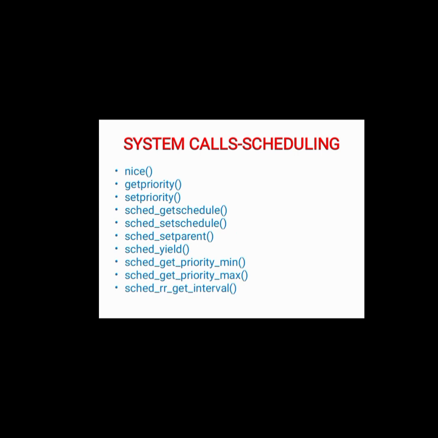It is used to get the minimum priority value for a policy. Next one, sched_get_priority_max. It is used to get the maximum priority value for a policy. The last one, sched_rr_get_interval. It is used to get the time value for the round robin policy.